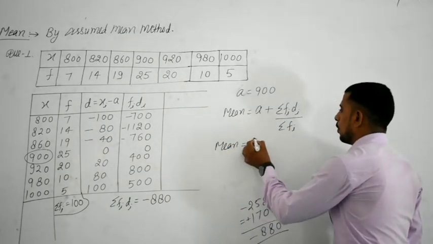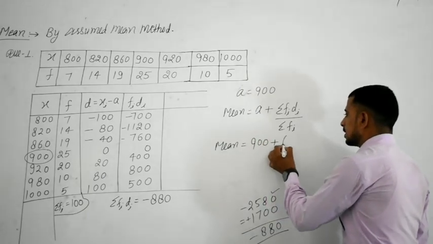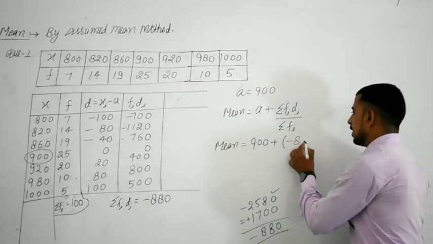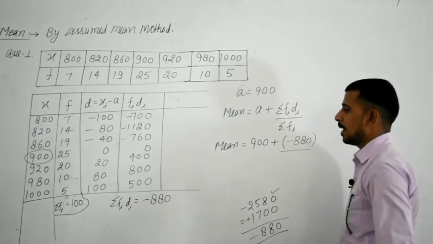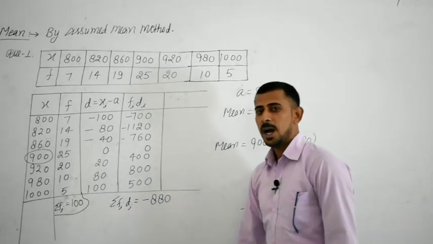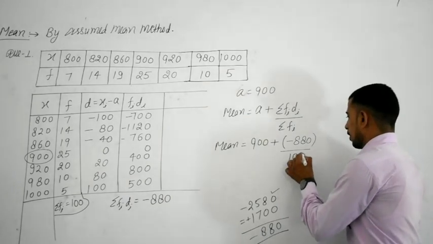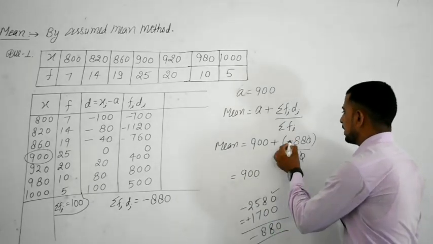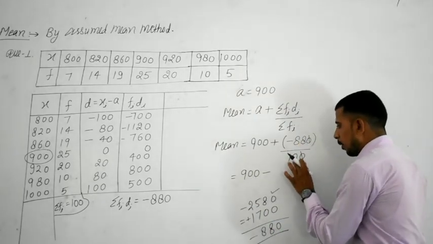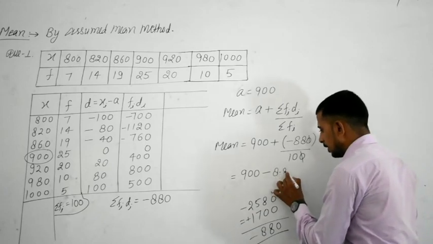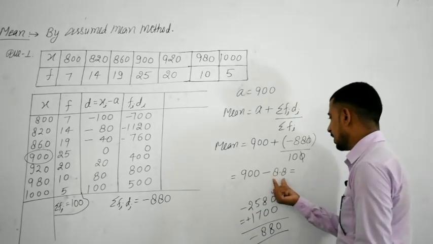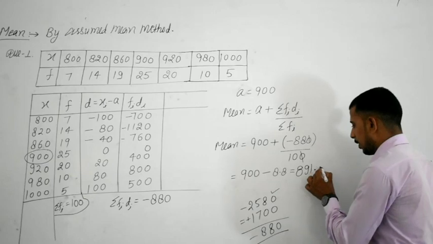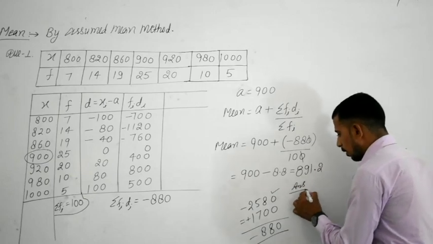Mean is equal to 900 plus summation fi di, which is minus 880, upon summation fi, which is 100. The zeros cancel. The value is 900 plus minus 88 upon 10, which is 8.8. 900 minus 8.8 gives 891.2. This is the answer.